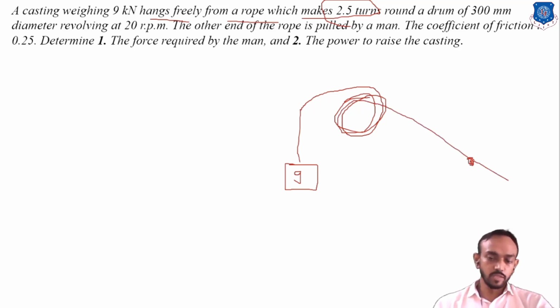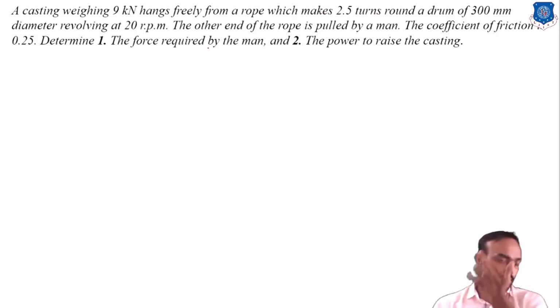If he is not holding the rope, the rope will pass through and the weight will fall. But he has to give some force in this direction, so the belt rotates on that pulley. First of all we have to find this force applied by the man.